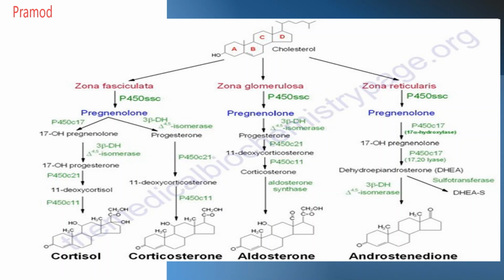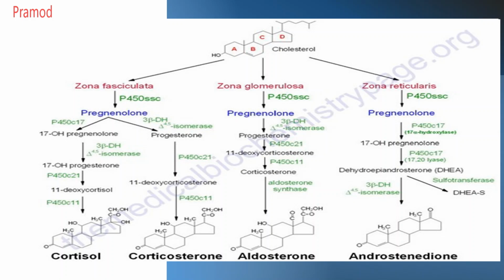It gets converted into 17-hydroxypregnenolone, with hydroxylation at the 17th position and a double bond at the 5th and 6th position, whereas in the case of progesterone there is an isomerization of the double bond. The double bond gets shifted to the 4th and 5th position. That is progesterone. 17-hydroxypregnenolone gets converted into 17-hydroxyprogesterone, that is, isomerization takes place.